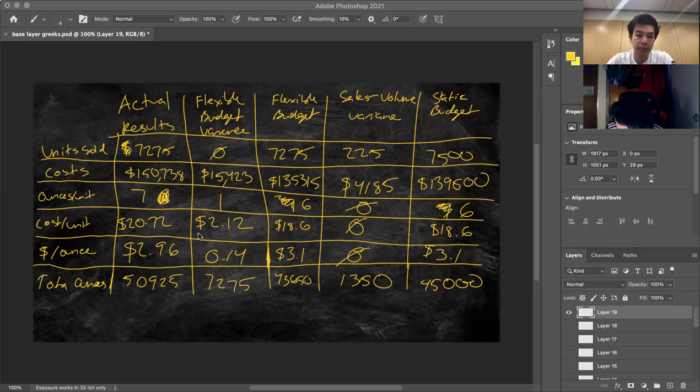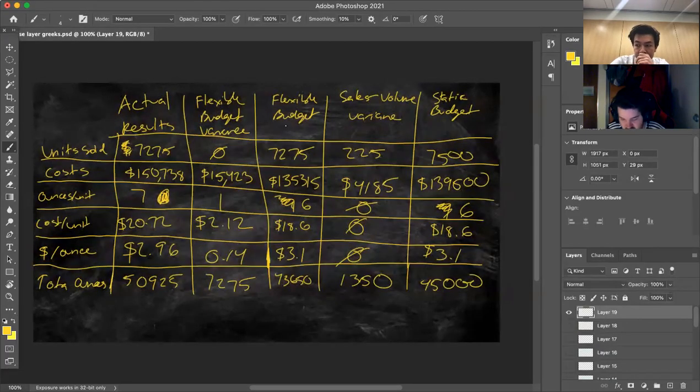It's the actual cost minus flexible costs. So that'd be the 150,738 minus the 15,000. Here, wait, let me look at that again. Actual cost minus flexible costs.